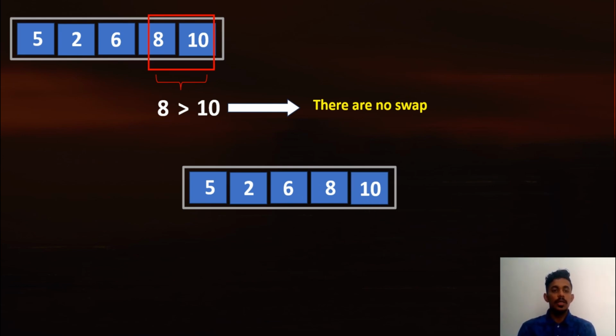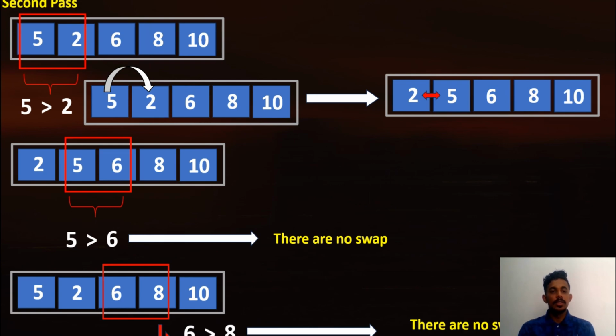So let's move on to the second pass. The second pass is also the same. We check the first element to the fifth element. We take the first two elements and check which is greater, and if the first value is greater than the second value, we swap, and finally it shows 2, 5, 6, 8, 10.